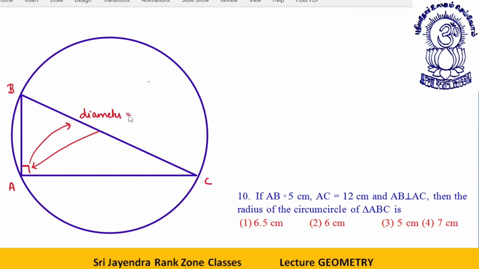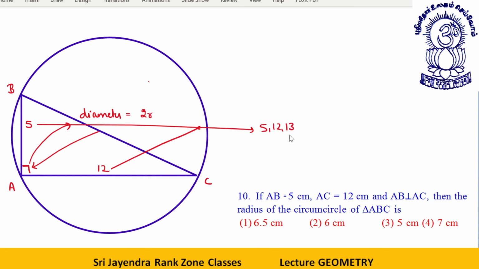So this diameter is equal to 2r. Obviously you know that. Now what happens, my dear students? These sides are given to you. AB is equal to 5, AC is equal to 12. By the direct use of Pythagoras triplets, I can get the 5, 12, and 13 triplet.